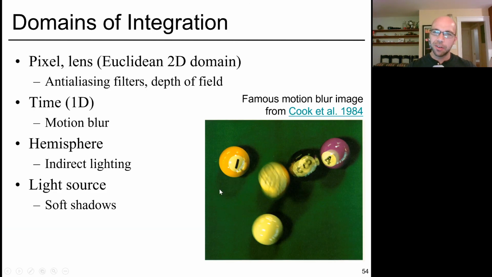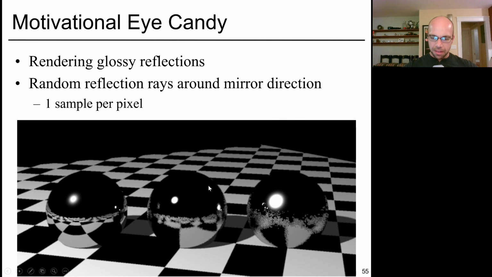Now, the domains of integration that we've seen in our lectures are also all over the place. Everything from two-dimensional domains, half spheres, time, and so on. So, of course, noticing this pattern that integrals are everywhere in ray tracing and global illumination, one thing we might do is think about how to compute integrals really well, and what sort of techniques we need to make these integrals as accurate as possible.